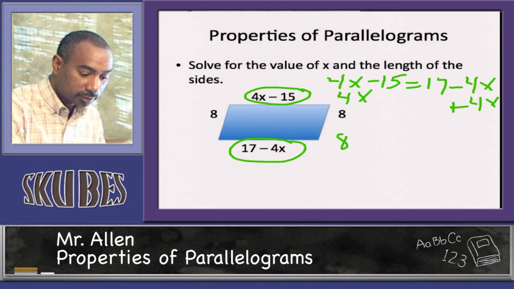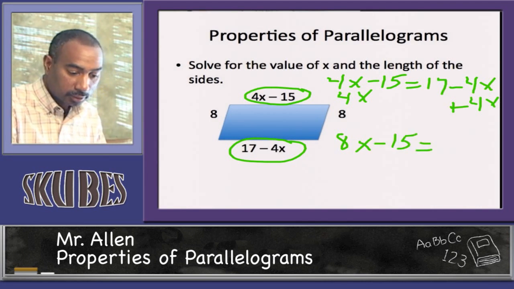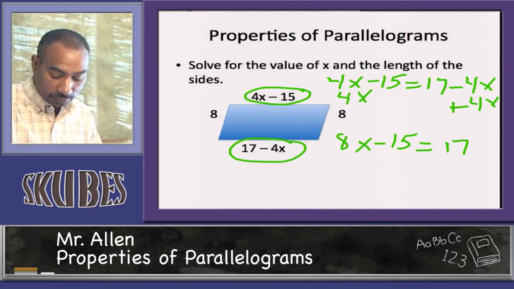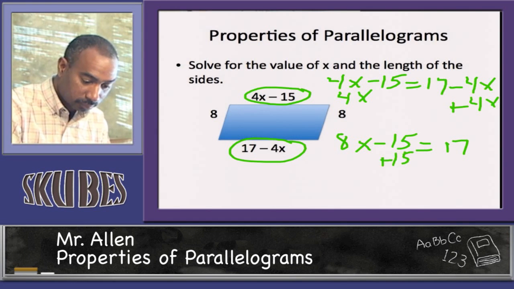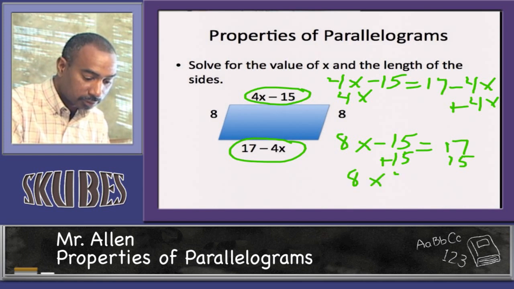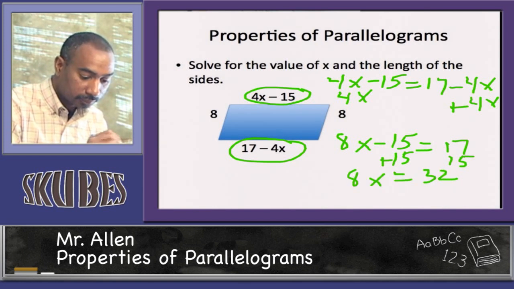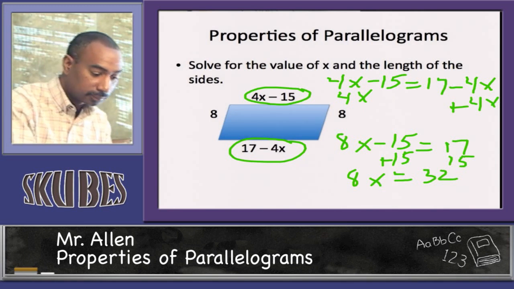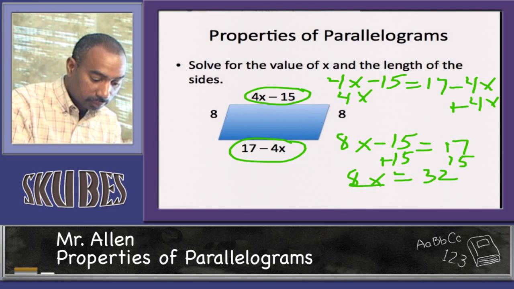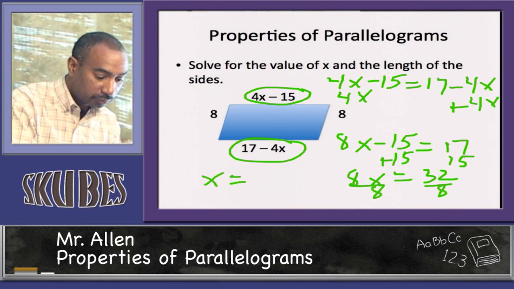So we're left with 8x minus 15 equals 17. And I can add 15 to both sides, which leaves us with 8x equals 32. And if I divide 8 to both sides, x would be 4.